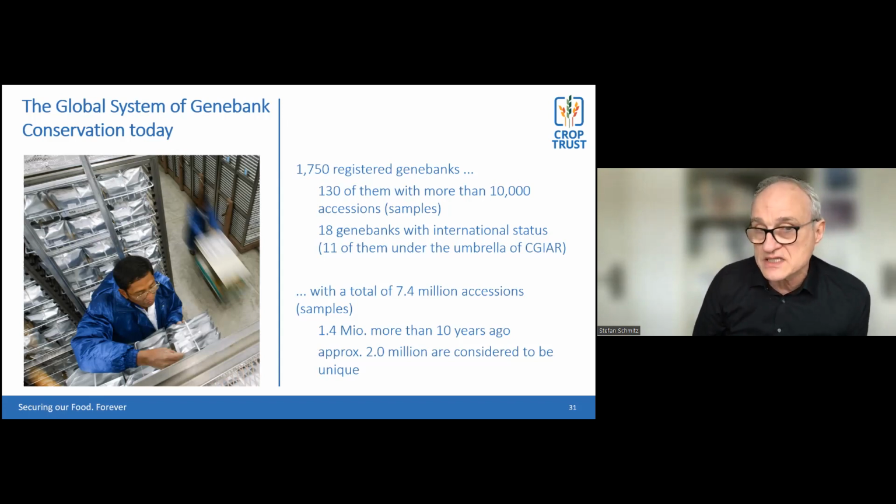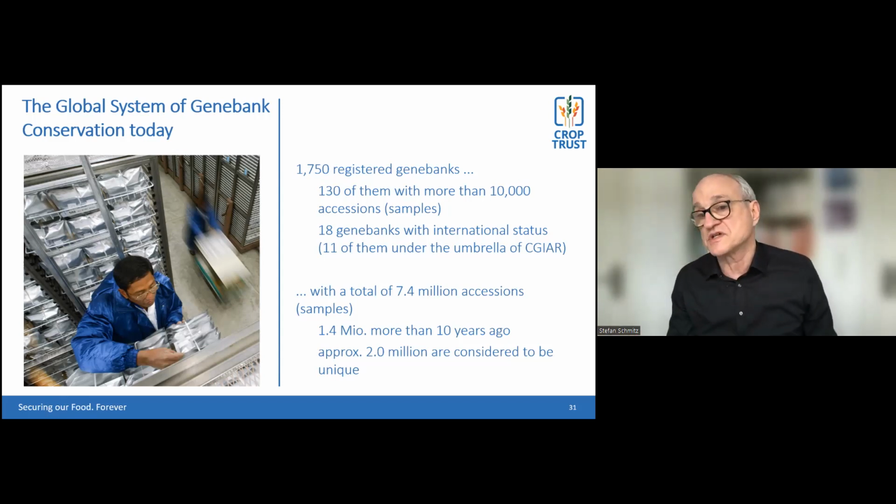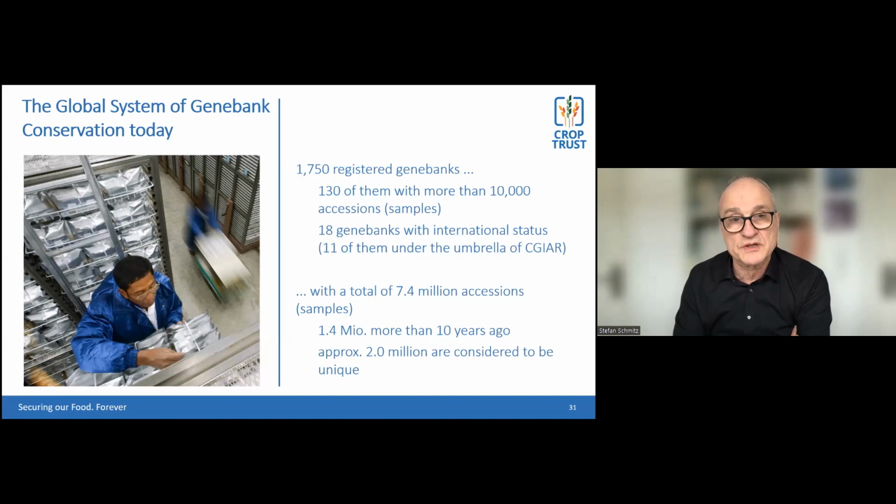So anything else beyond that is to be considered as duplicate, redundancy, sometimes for good purposes, because we promote and encourage seed banks to duplicate their accessions and store them in separate places.